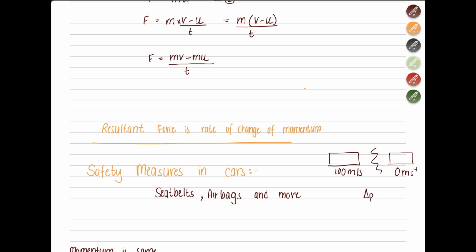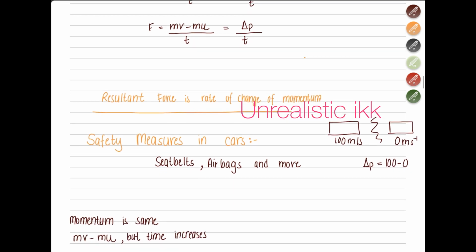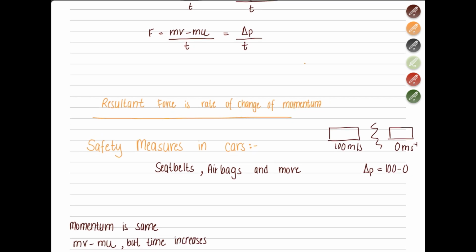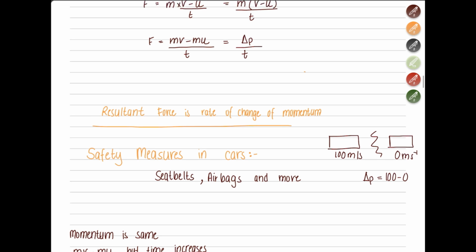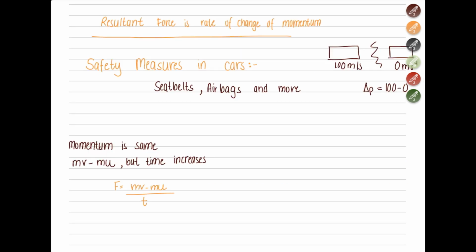We can write change in momentum as delta p as well, because delta means change and p means momentum. It's 100 minus 0. So that is constant. Whether you have seat belts, airbags or not, the momentum will be same. But what we are changing is the time. Okay, so we can say F is directly proportional to 1 divided by time.